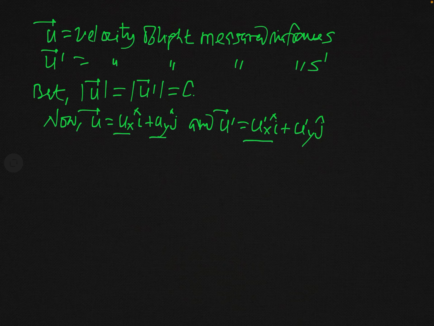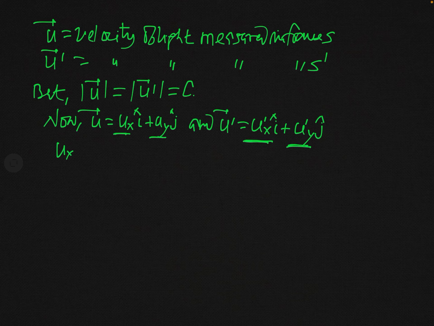Similarly, u prime x is the x component of velocity vector u prime, and u prime y is the y component of velocity vector u prime. So from this figure, you can see what will be the values of ux and uy, and again u prime x and u prime y. You can easily see from this figure.